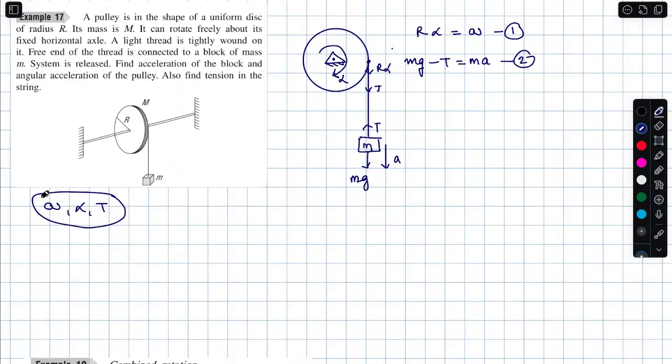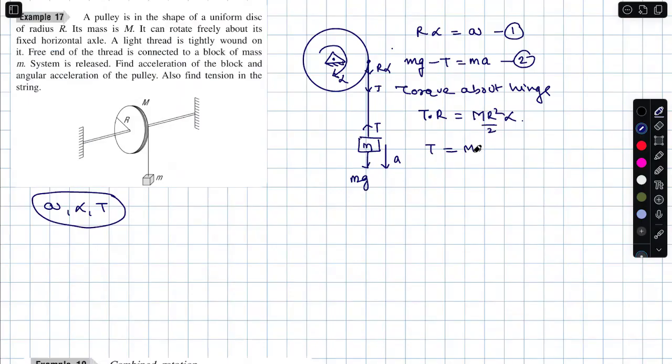3 unknowns. Then what is the third equation? I have given only 2 equations. What is the third equation? Torque about the hinge. Torque about hinge. So that gives you T into R, it is like a disk, capital MR square by 2 times alpha.